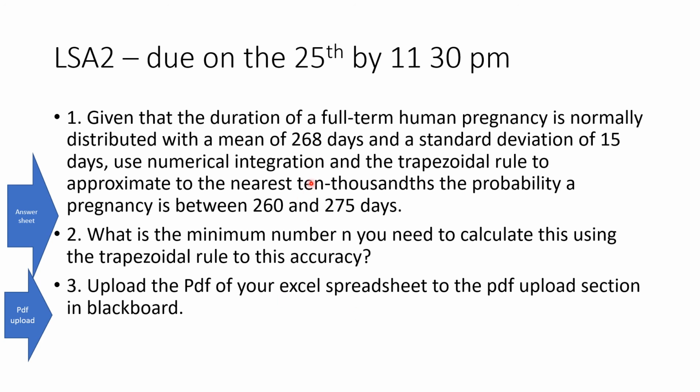You see, these trapezoidal rules are really done best in something like Excel. So I'm suggesting you upload the PDF of an Excel spreadsheet of your work to the PDF upload section in Blackboard. So 3 questions. This is LSA2, and it deals with things that were introduced here and some of the things we learned in the videos dealing with numerical integration.